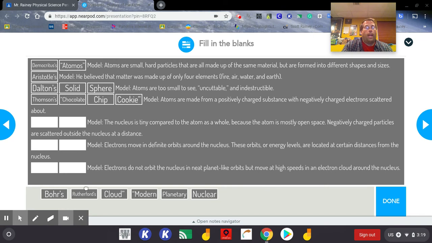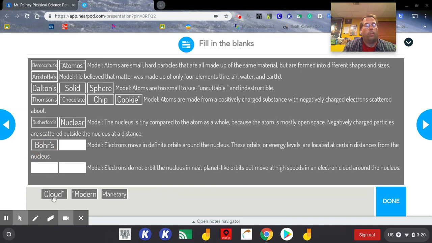Then Rutherford came along and he started shooting alpha particles at the nucleus. He kept bumping against the nucleus, and he was kind of the father of nuclear theory, where you have protons and neutrons in the nucleus, and then electrons scattered around the outside. Then we have Bohr.